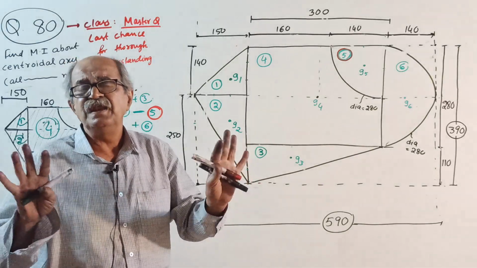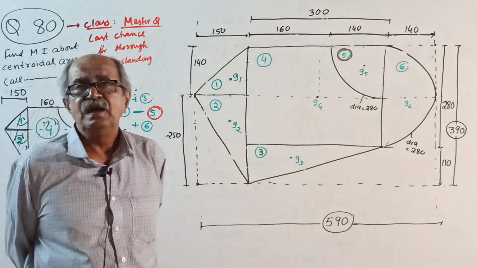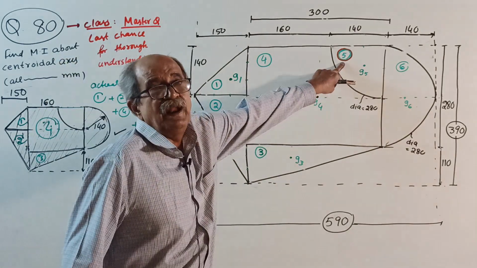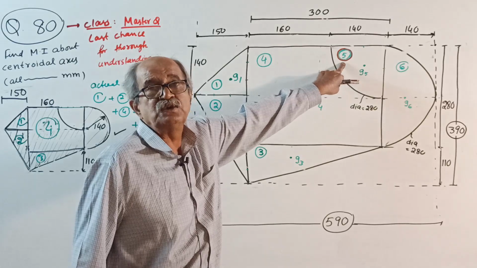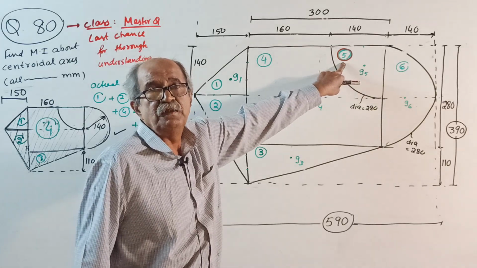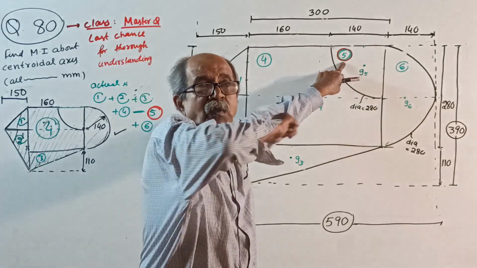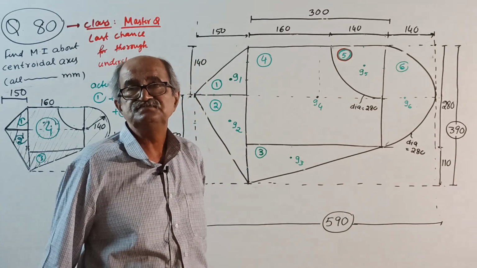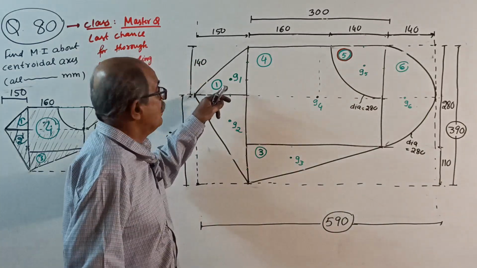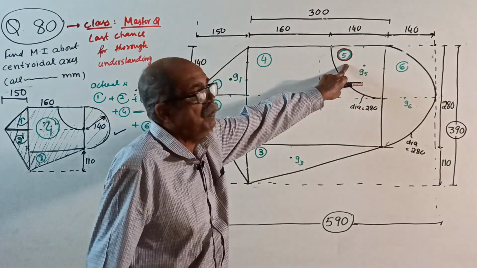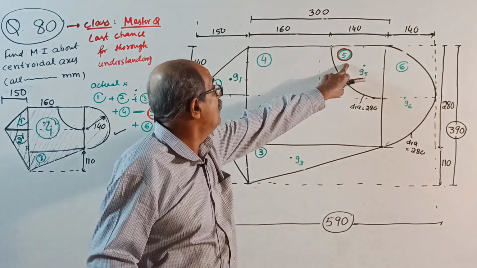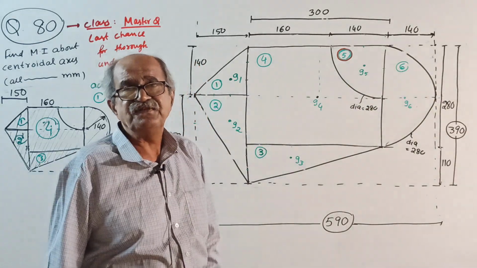Wherever you take origin, X bar equals A1 x1 plus A2 x2 plus A3 x3 plus A4 x4 minus A5 x5 plus A6 x6. Y bar equals A1 y1, A2 y2, A3 y3, A4 y4 minus A5 y5 plus A6 y6.